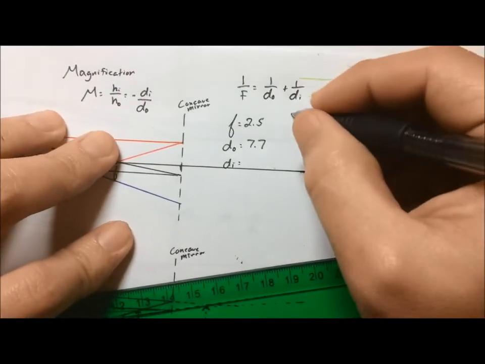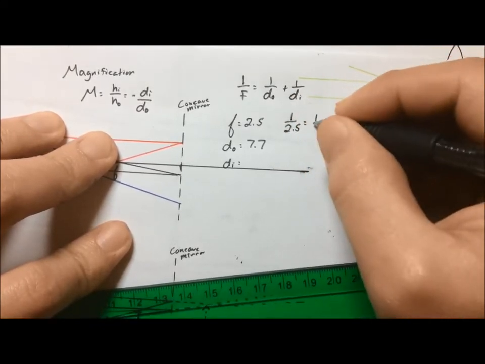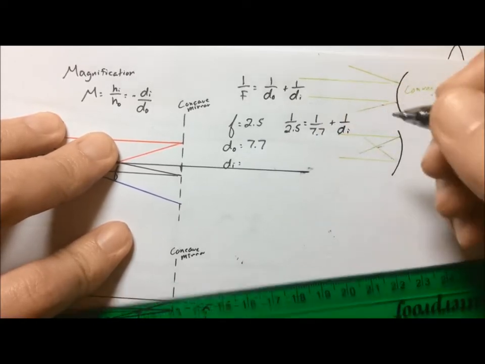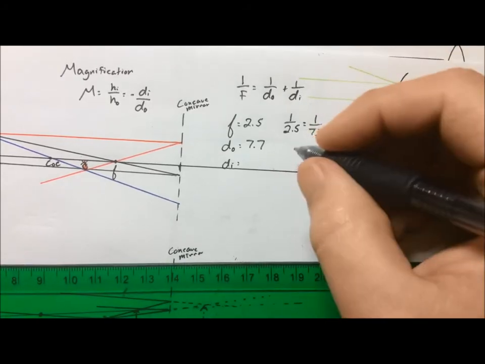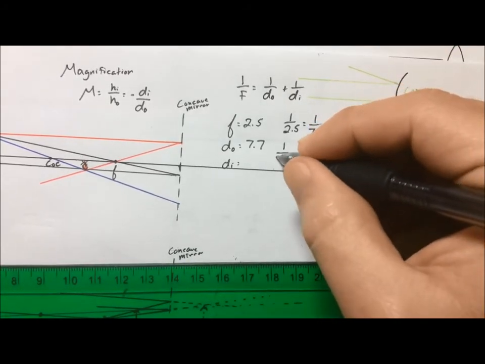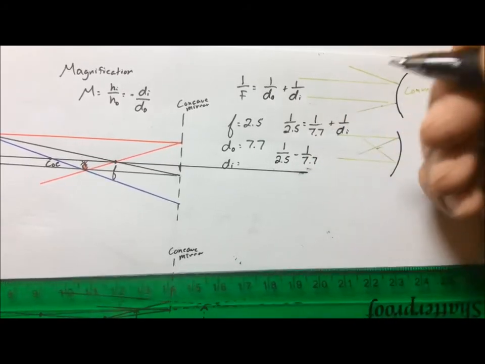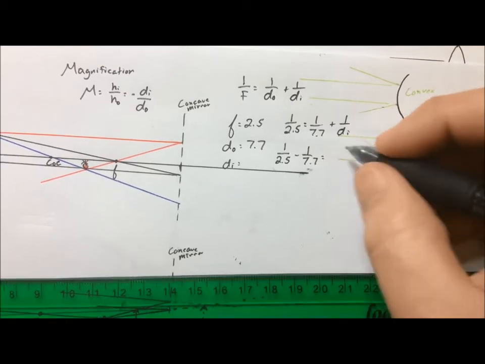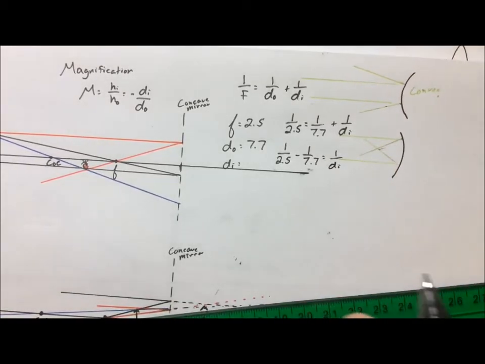So if I've got 1 over f, I've got 1 over 2.5, that's equal to 1 over do, which is 7.7, plus 1 over di. Well, I'm going to have to do a little bit of rearranging here with the math. So 1 over 2.5 minus 1 over 7.7. You notice how this is kind of like parallel circuits or series capacitors? That's equal to 1 over di. And let's see what I get here.